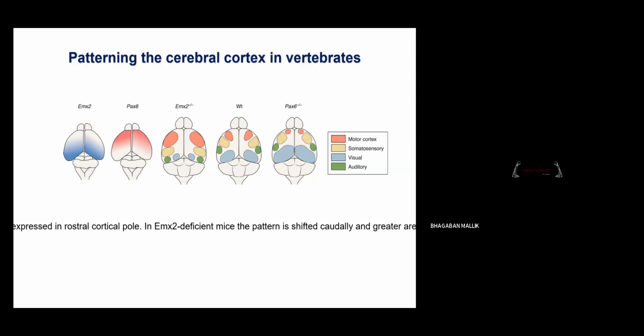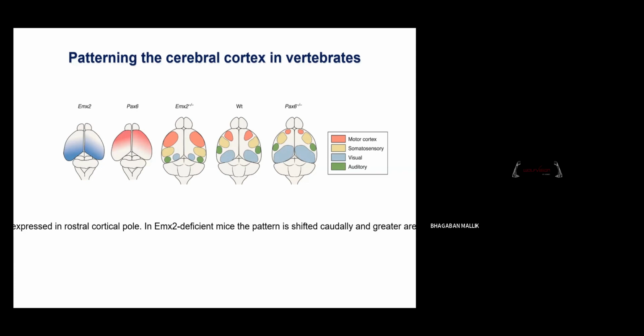So this is how these genes, the PAX6 genes, prosomere genes, and EMX1 or EMX2, are required for development of the forebrain. By the combinatorial action of EMX2, PAX6 and prosomere genes, you have patterning in the forebrain.